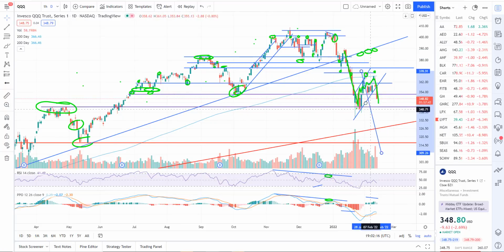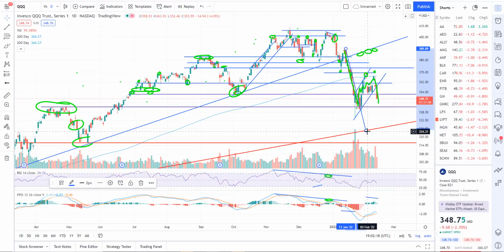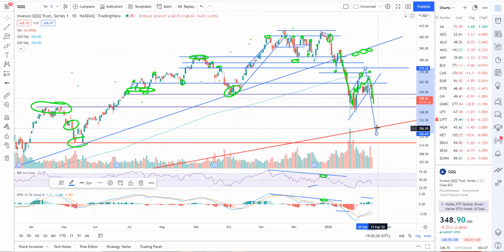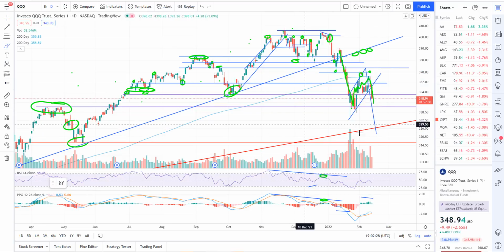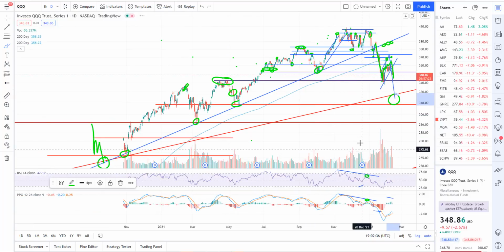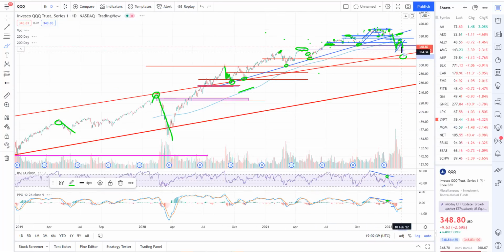The way you find that projected target is you take the flagpole like this and just extend it out to about there, and it sets us up for this area right in here. At a minimum 327.50, and then maybe down to 316.23. Good support in those areas.